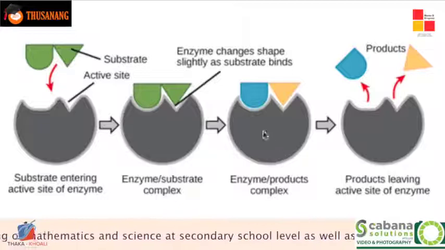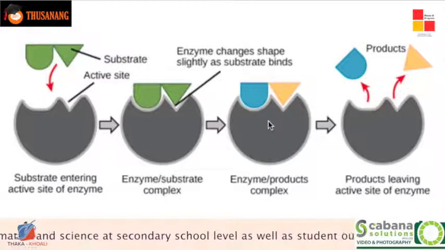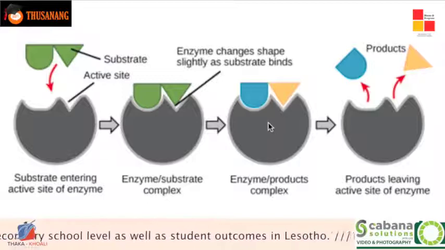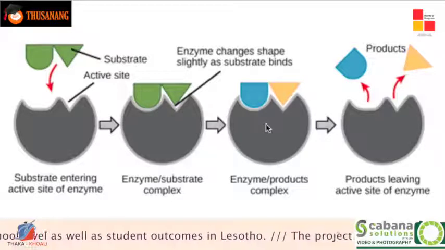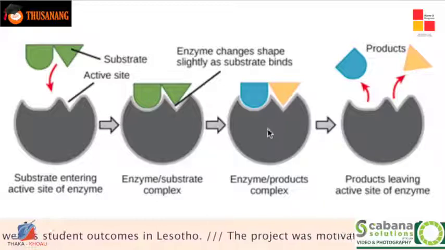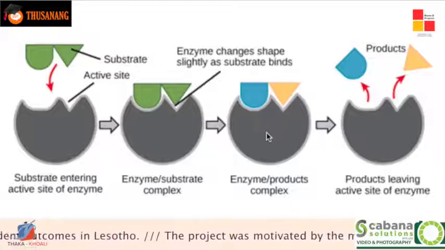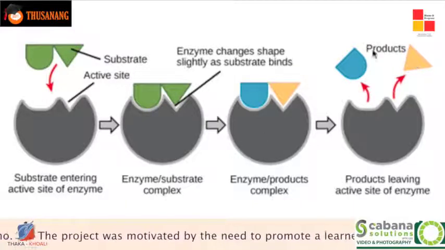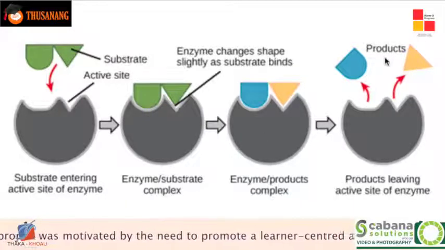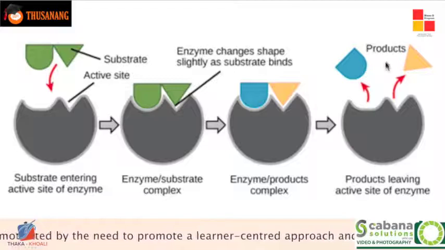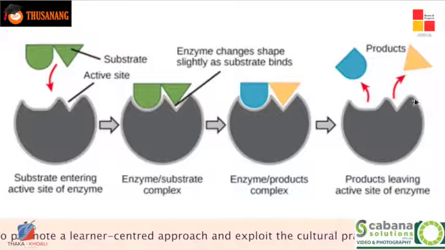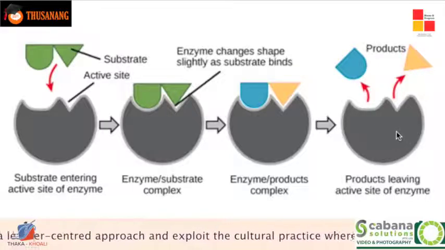After binding to the substrate, the enzyme shape will change slightly. The slight change is just to accommodate and put in a fixed position the substrate. After the product has now been obtained from the substrate, the enzyme is still maintaining the very old shape, the previous shape that it started with.